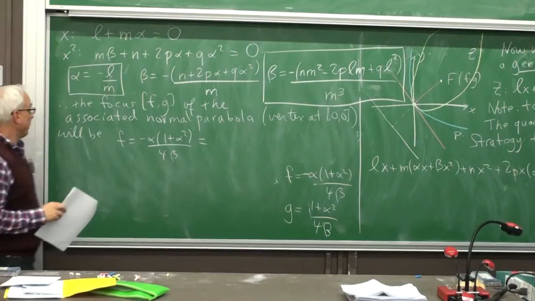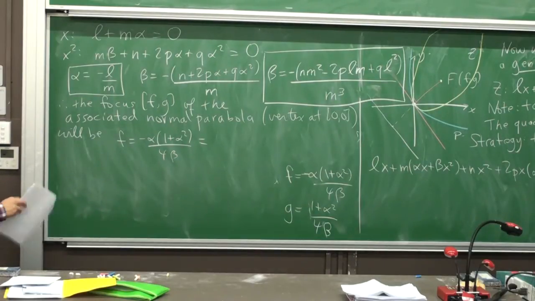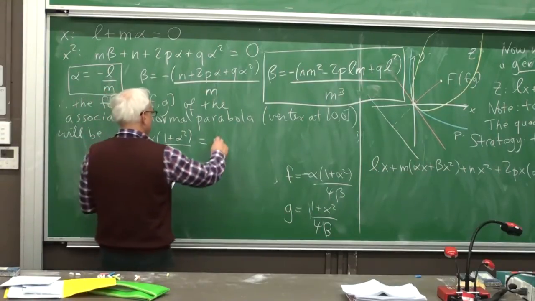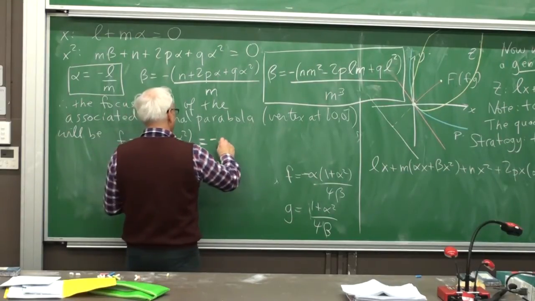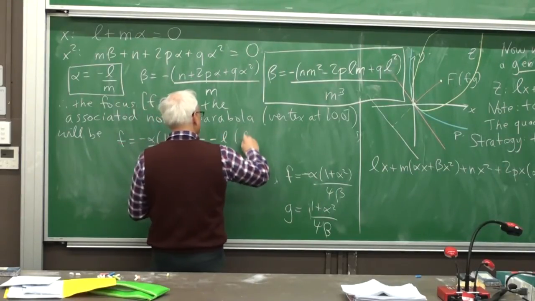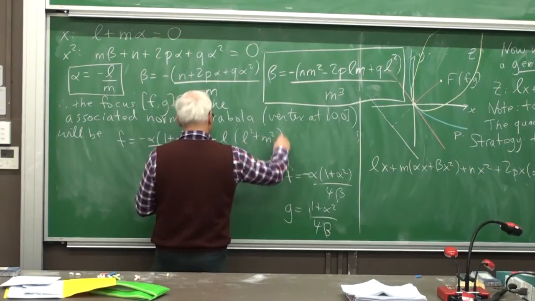Okay, and alpha is supposed to be minus L on m. So what do we get? Well, there's going to be an L. There's going to be a minus sign in the front, so I'll put that there. And then there'll be an L, and there'll be an L squared plus m squared.